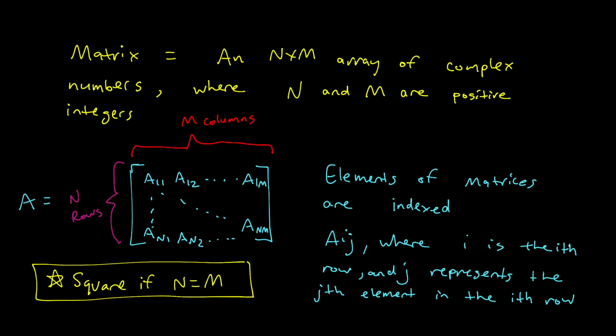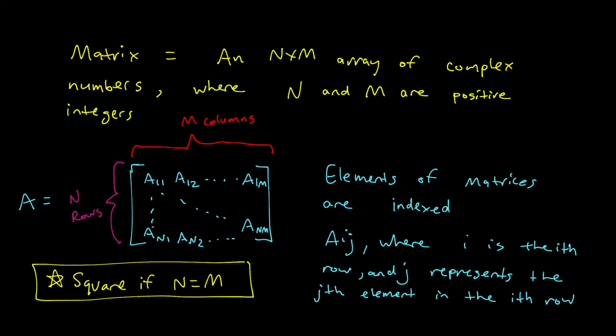And matrices can be indexed by two numbers, as shown on the bottom right, a_ij, where i is the ith row and j represents the jth element in the ith row. And in the picture in the bottom left, I drew a representation of the matrix A using its index representation.